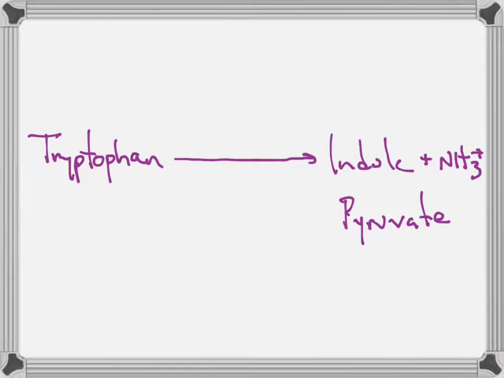Other examples of this are citrate. Citrate's one of the first products that gets produced within the Krebs cycle. When it gets brought into the cell, it actually gets converted, if I'm not mistaken, to pyruvate or acetyl-CoA, I can't remember which one, and then we'll go through the Krebs cycle.